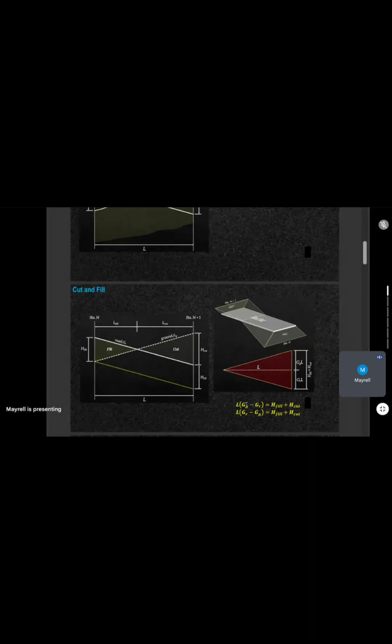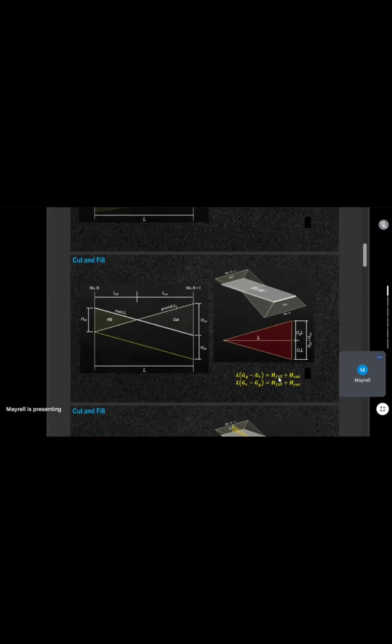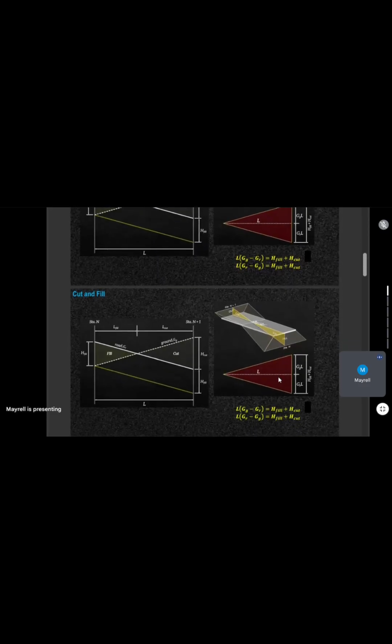So if the grade of ground is positive, it goes first, minus the grade of road. If the grade of road is positive, you have grade of road minus the grade of ground. Okay, so let's proceed to the section on fill and cut.